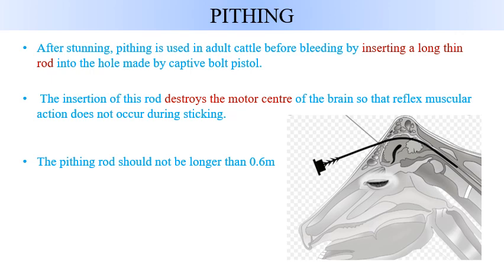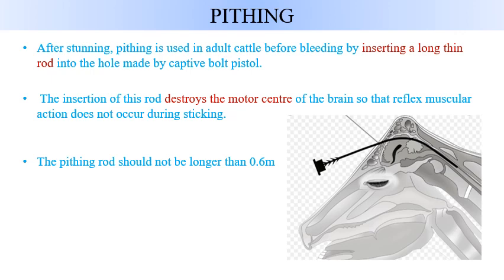Through that, a rod is inserted towards the spinal cord. So this insertion of the rod destroys the motor center of the brain so that reflex muscular action does not occur during sticking. Though the animal is unconscious, during sticking the reflex muscular activity may cause serious disturbances.